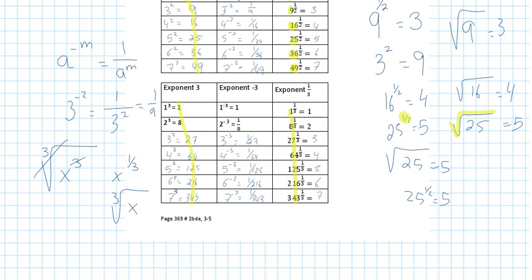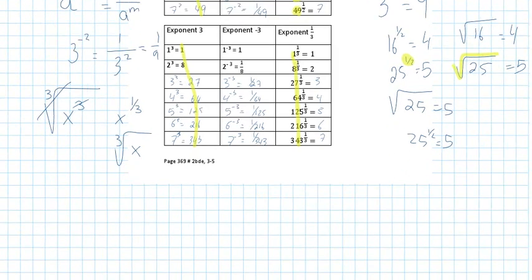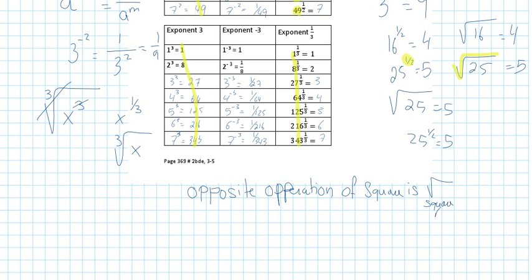Okay, let me write that down. I'm going to start with the square. So the opposite operation of square is the square root or the power of 1/2.